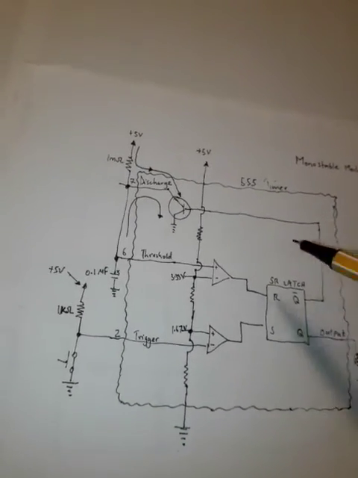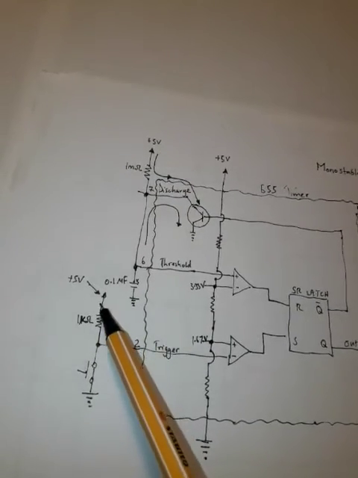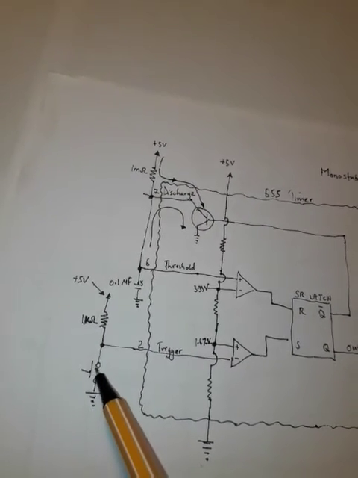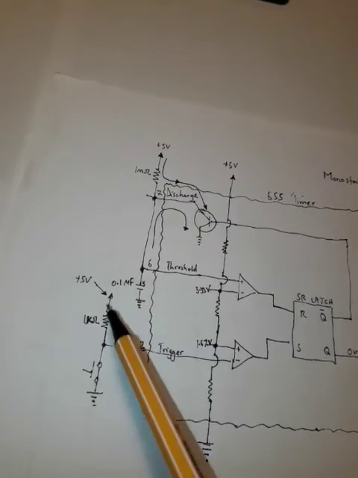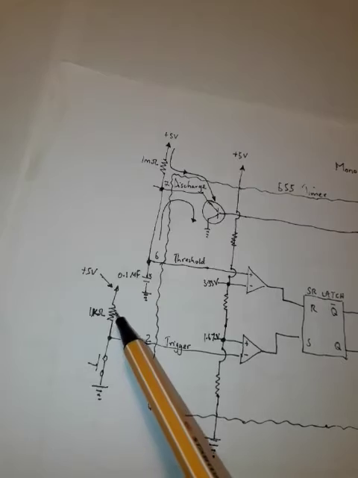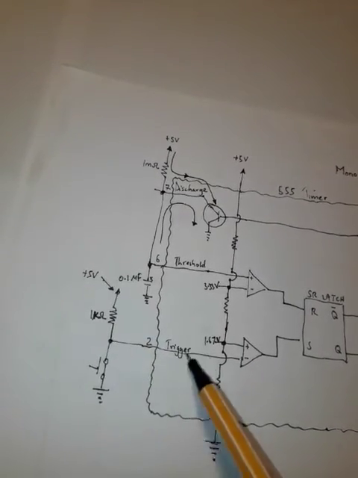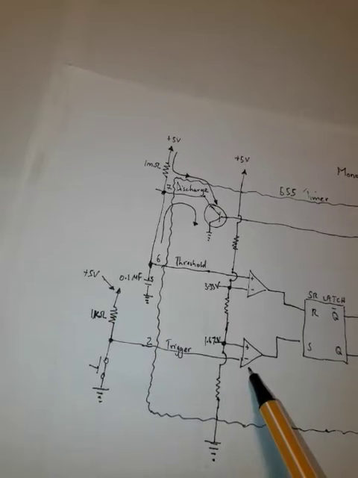So what's really happening here is we have a switch on the trigger side. The switch of course is connected to a pull-up resistor, so we can connect this directly to provide 5 volts to the trigger.